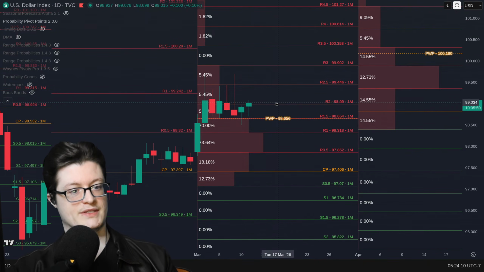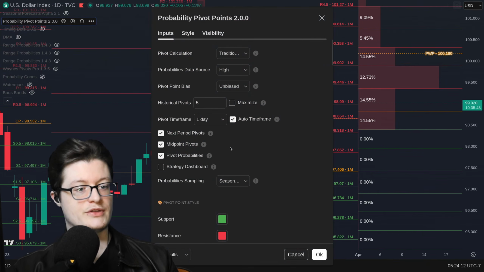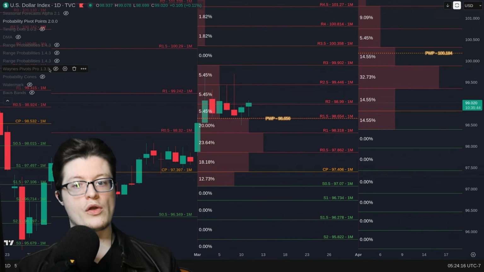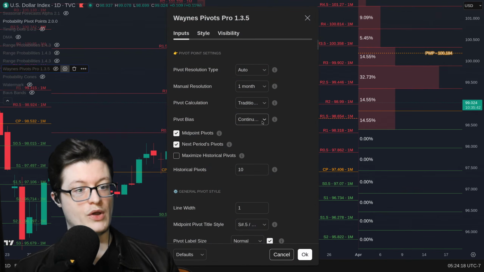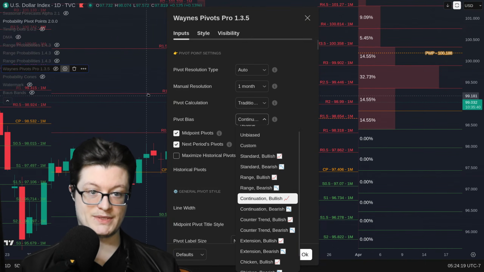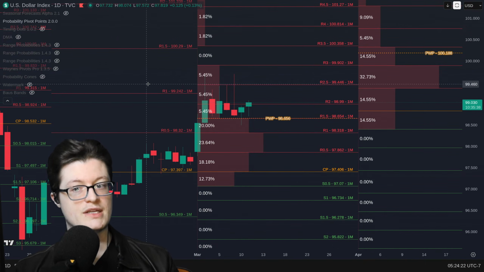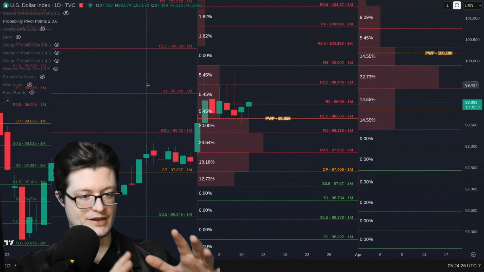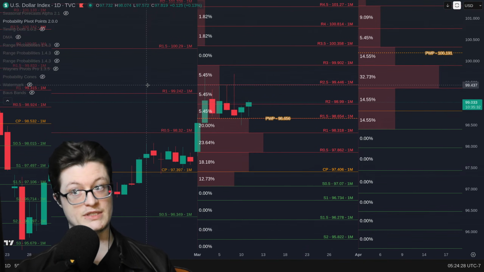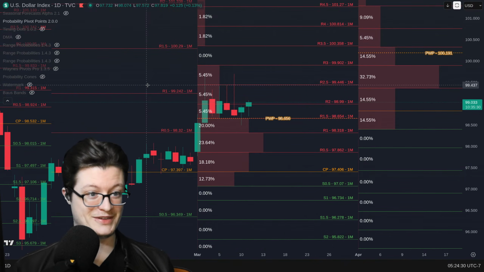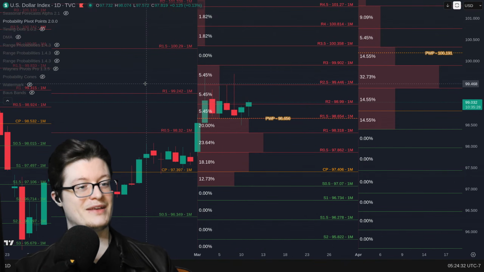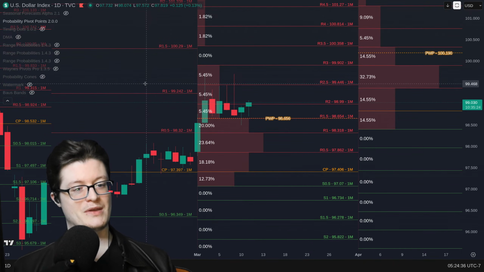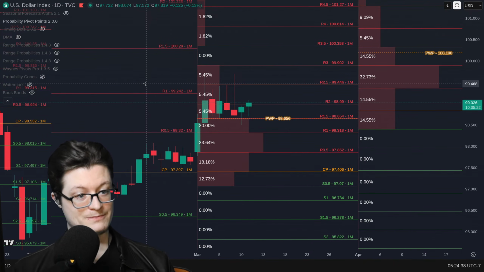But this is just to say, hey, if you want to be able to set this setting here, or in Wayne's Pivots Pro, if you want to be able to set this setting competently, you need to be doing good research. And it's a lot easier to do it in the kind of structure that I have set up. So please get into that Discord. It'll make life so much easier for so many people to have more people contributing.